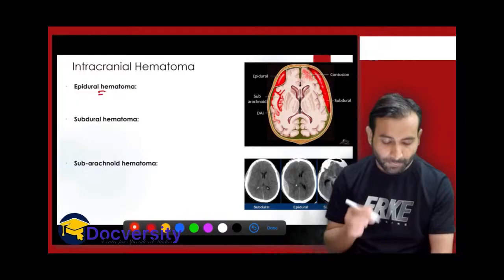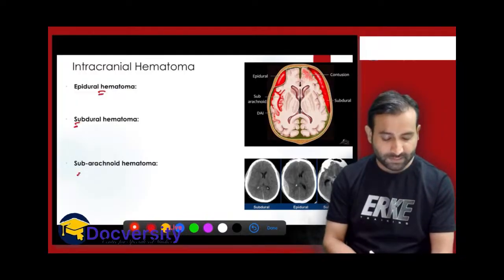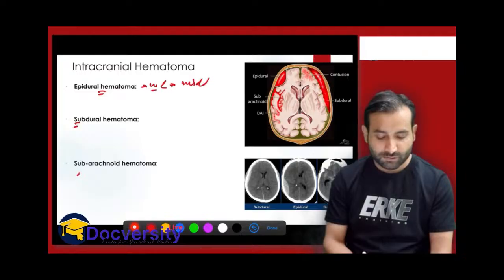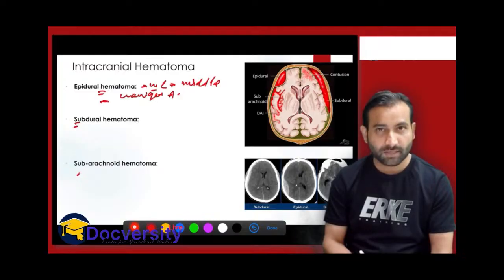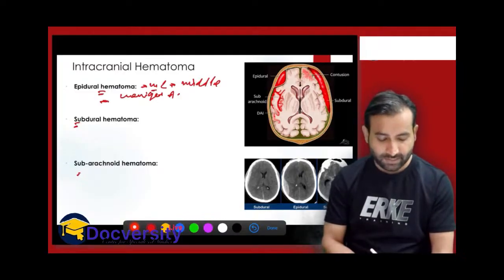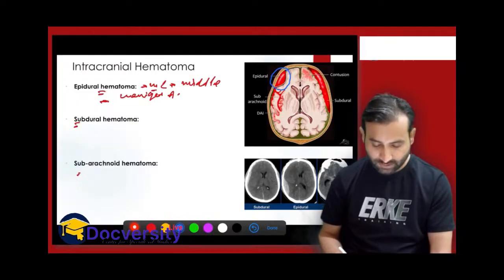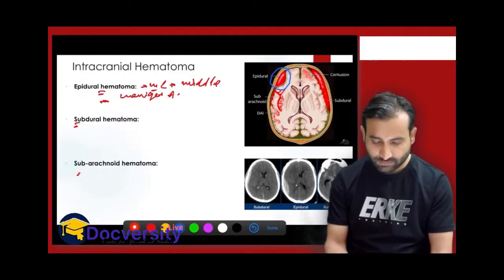Remember this one. Let's see the intracranial hematoma, that is epidural, subdural, and subarachnoid. Epidural hematoma, most common bleeding artery is middle meningeal artery, and this is because of the fall. If this is epidural hematoma, it produces a convex shape, right?